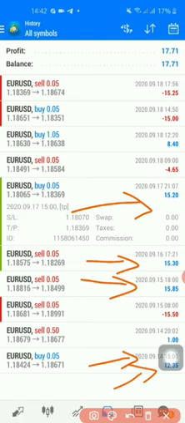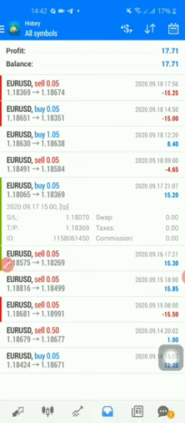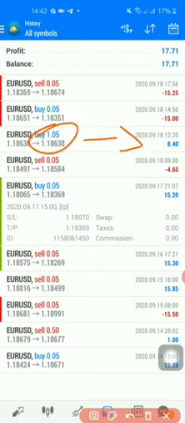But if you took the trade exactly as I did, you also made about $15. I made a mistake over here, and this trade, you didn't take. I entered the wrong lot size, so I moved it quickly into profit and closed it. Same as this one, so these trades won't count for you.